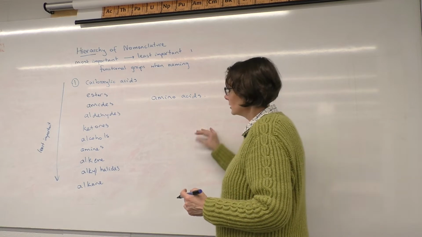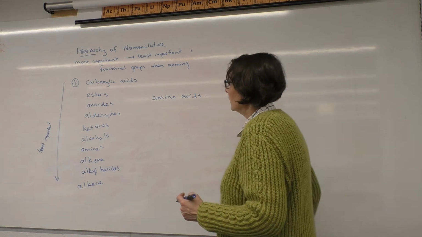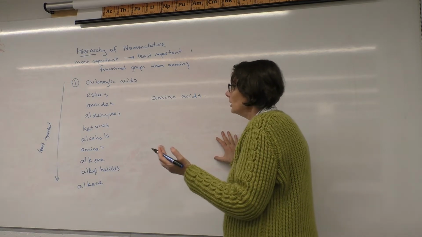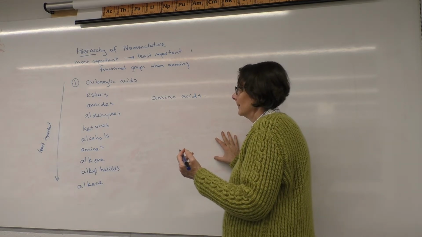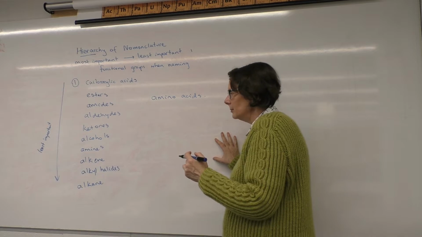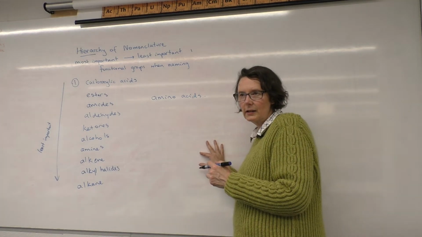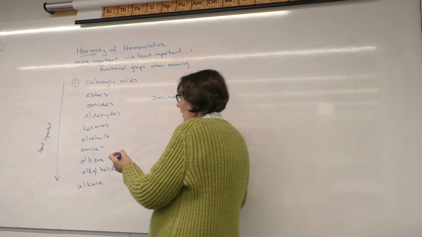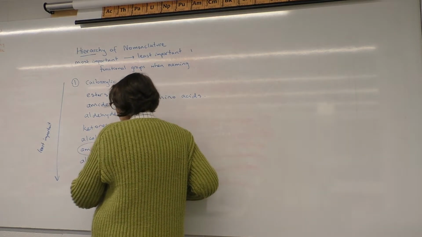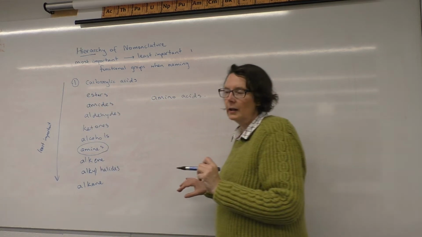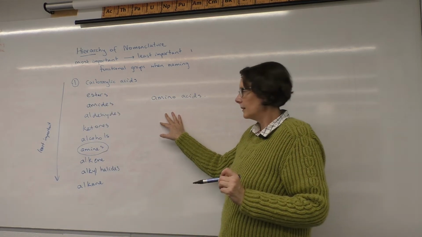You don't need to worry about them, except to have a bit of an idea that if we have the amine, because it's lower down in importance, and we have an acid group, then the amino part goes on the front.